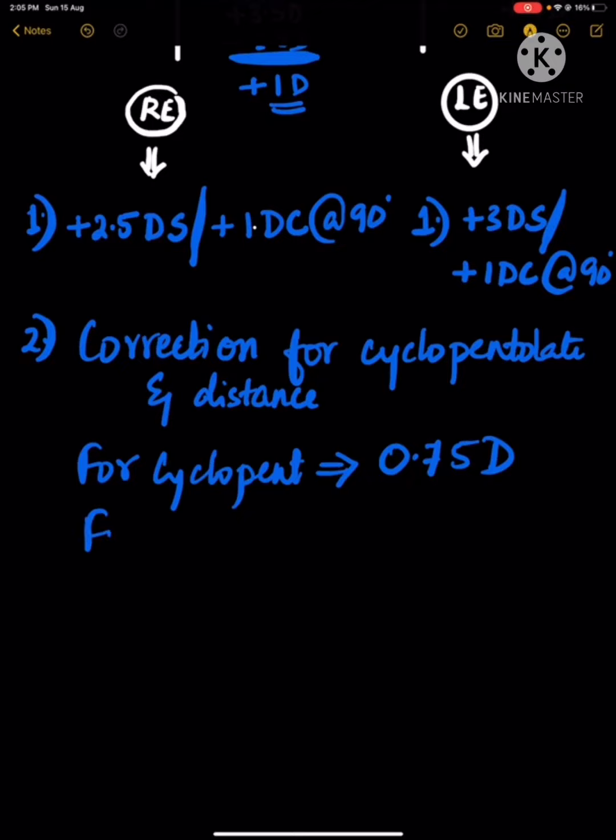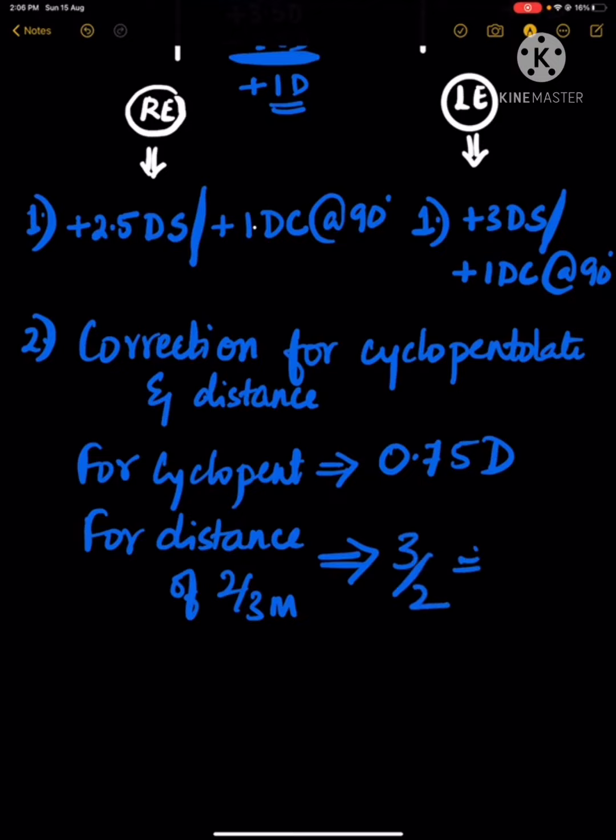Yeah, for distance of 2/3 meters, basically you need to take the reciprocal. So reciprocal of 2/3 is 3/2, which is basically 1.5 diopters.